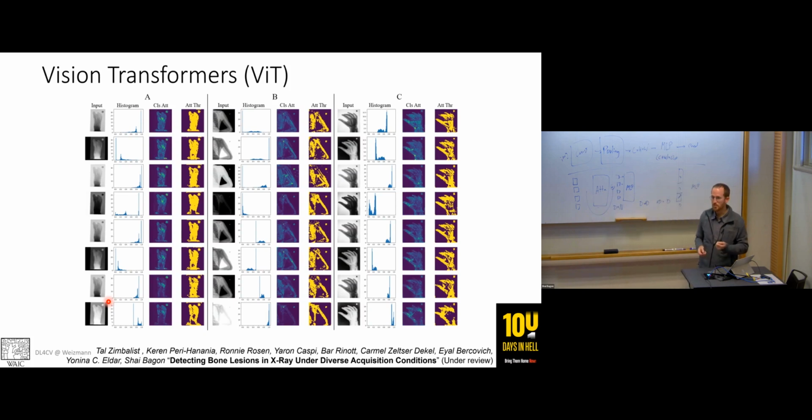So we wanted a method that would help us normalize the intensities in the relevant part of the images. We took an out-of-the-box transformer. These are the attention maps that we got in these columns. If we threshold them, we didn't get a good segmentation.